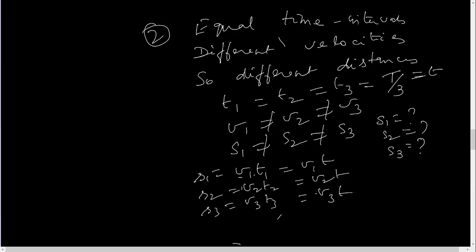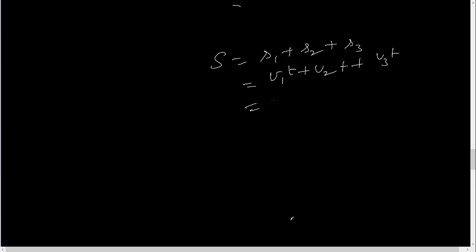Therefore, you have capital S will be equal to S1 plus S2 plus S3. That is equal to V1t plus V2t plus V3t equal to V1 plus V2 plus V3 times the interval, 1/3 of the total time.